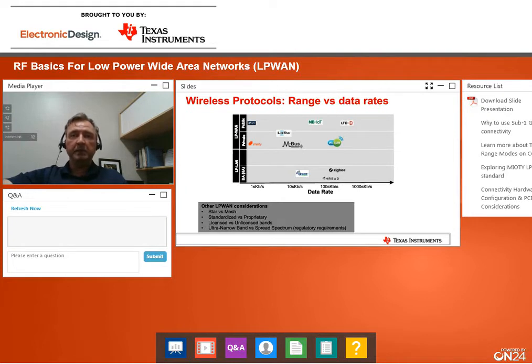So we have LPWAN, which can do both private networks and public networks. The difference between private and public is whether it is with a monthly subscription or not. Or you can also look at it a different way: do you need to build your own gateway or not?